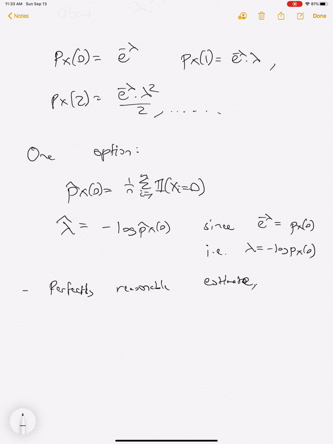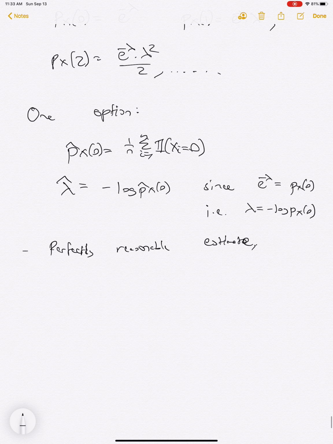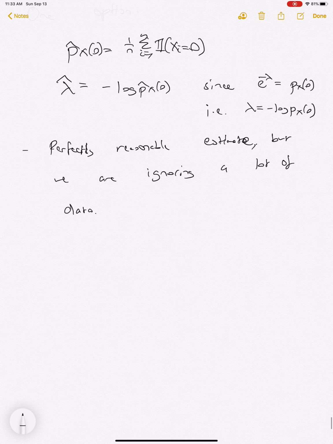But think for a second about whether this is a sensible or a good thing to do. I'd say it's not totally not sensible, but one thing to notice is we're ignoring a lot of data, i.e. we're ignoring when xi is equal to 1, xi equals 2, etc., because we're only looking at the first term in the sample PMF.